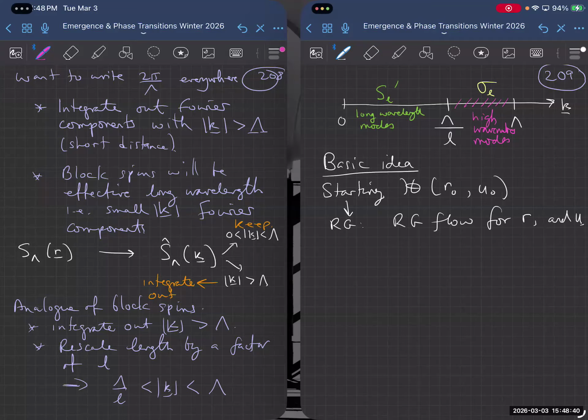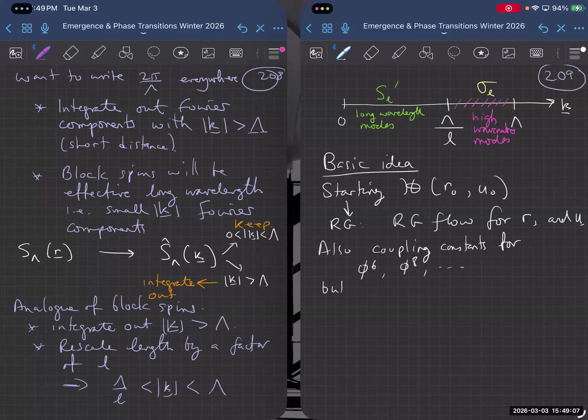So we're going to get something like that, and in principle higher order terms as well, but those turn out to be irrelevant. So let me just say also coupling constants for phi to the 6, phi to the 8, and so on.